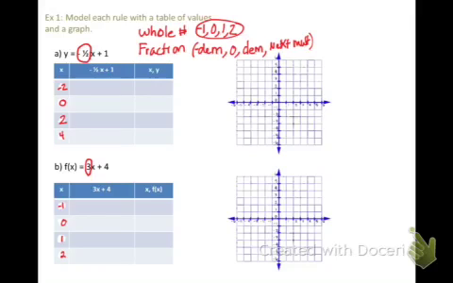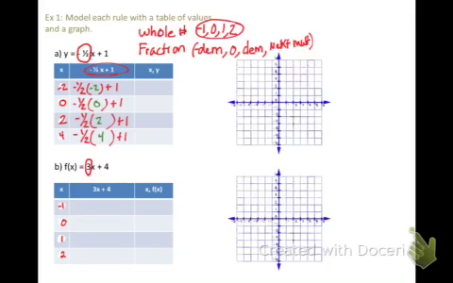So now I'm going to plug in my numbers using this. It's going to be -1/2 times x plus 1. I'm going to plug in my negative 2, 0, 2, and 4.